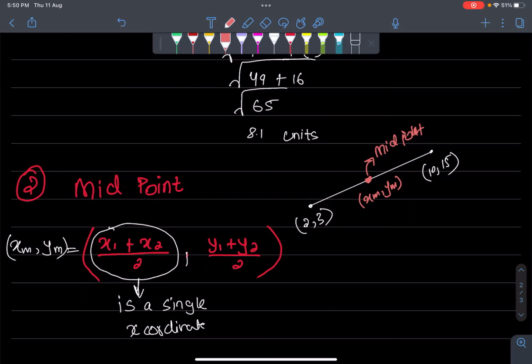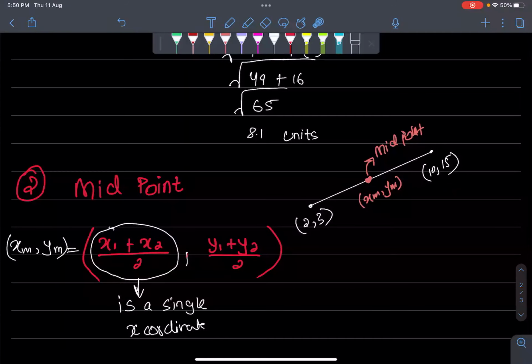I'll name it once again. This is x1, this is y1, x2, y2. Muqtada said, no sir, I want this to be x2, this to be y2, this to be x1, this to be y1. That is fine. Both methods are fine. Do not worry about that.